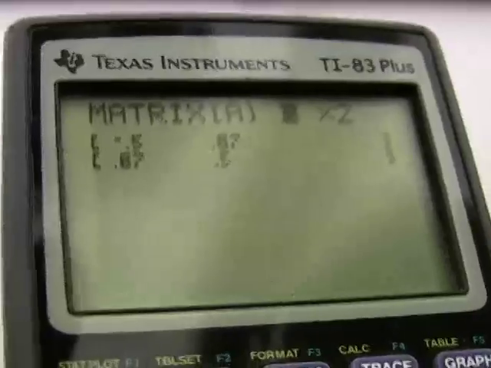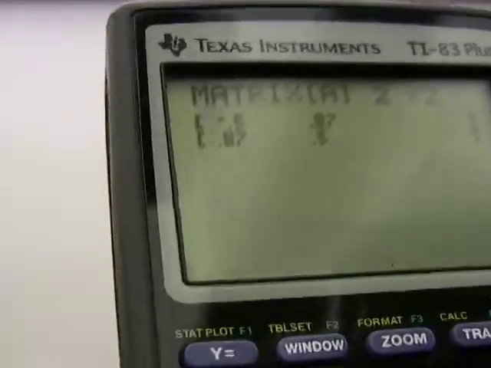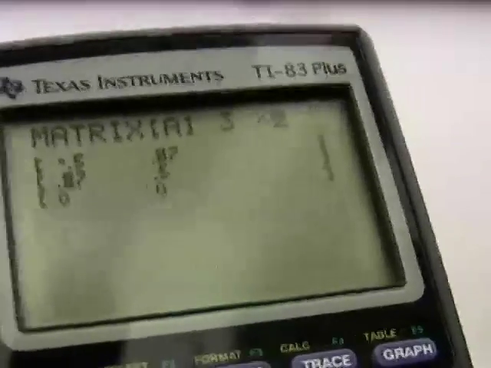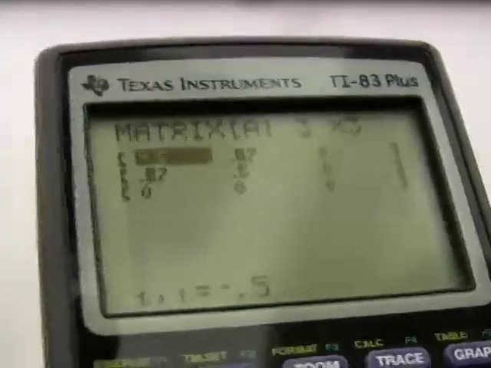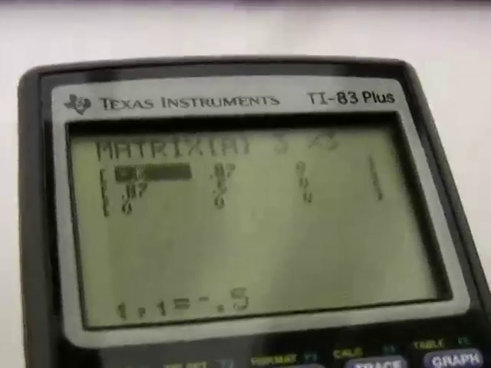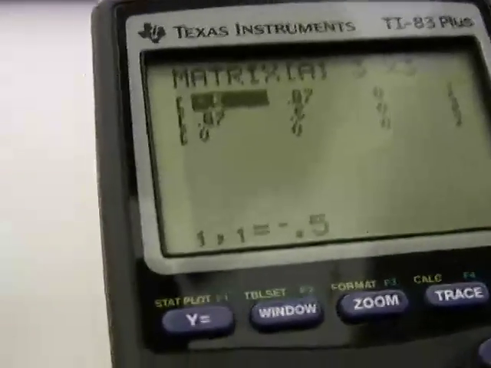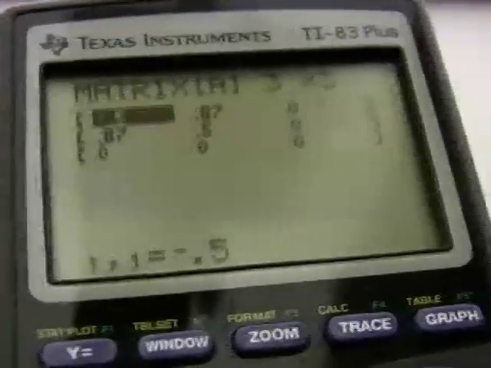And that has to be a 3 by 3 matrix. So type in 3, enter, 3, enter. And now type in all those values. What are the coefficients on the left side? Now look at your equation.